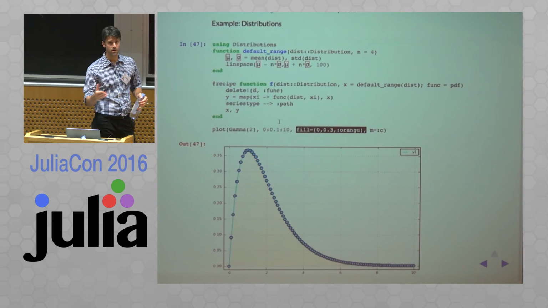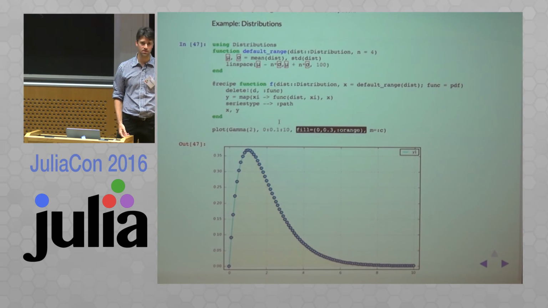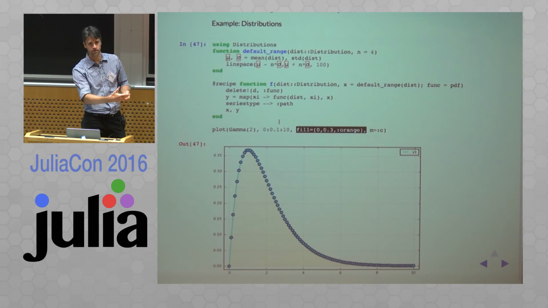So you could override that definition with a new one. You could redefine a recipe with the same input signature, and it would override what's already there, the same way as any other function. If one exists already, it would be overwritten.